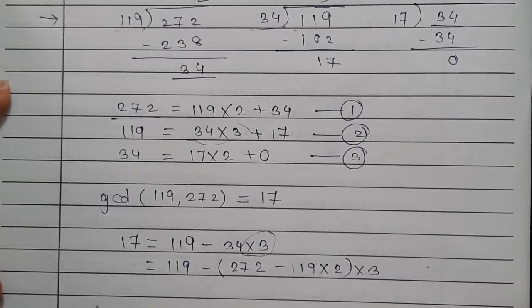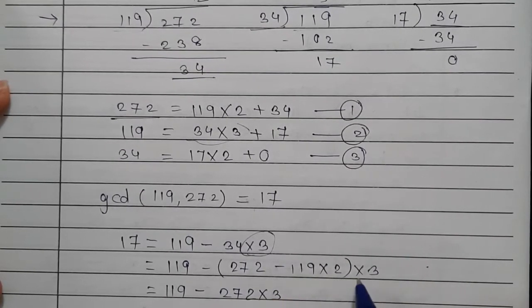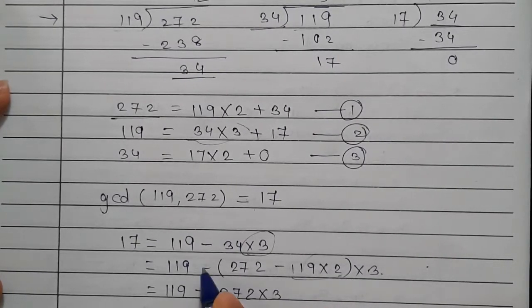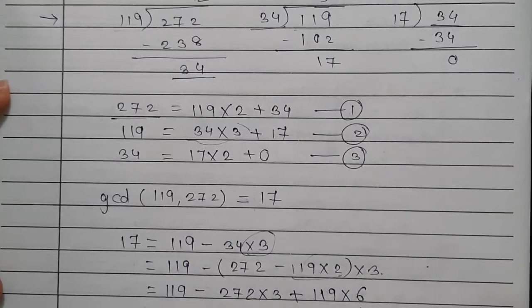We multiply this by 3, so minus minus becomes plus. Here we write 119 into 6, since 3 twos are 6.